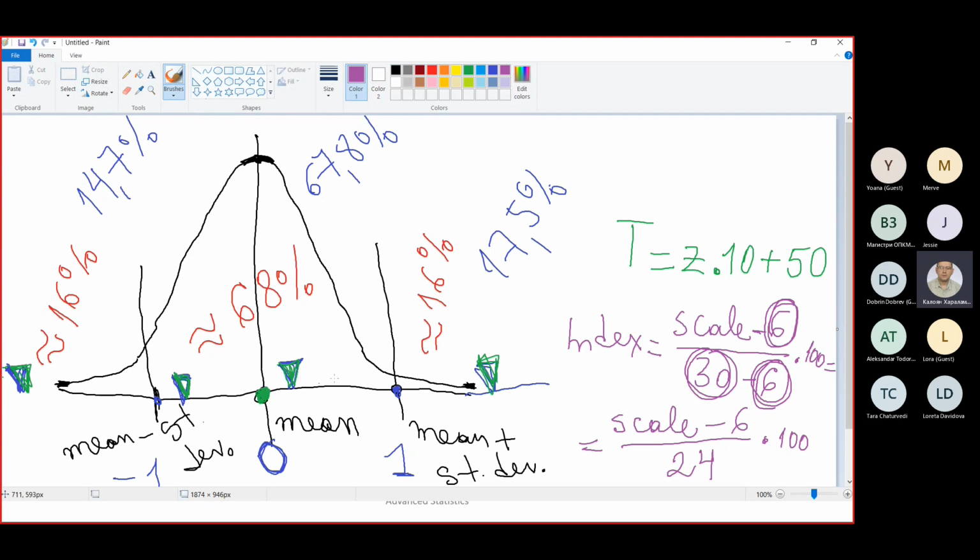If 68% of persons are between these borders, that means we have a norm: between mean minus 1 standard deviation and mean plus 1 standard deviation.